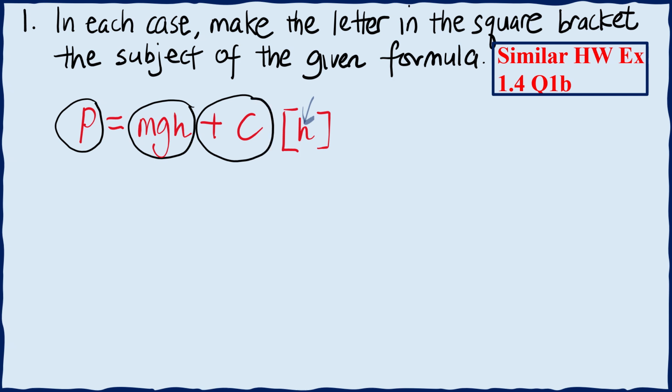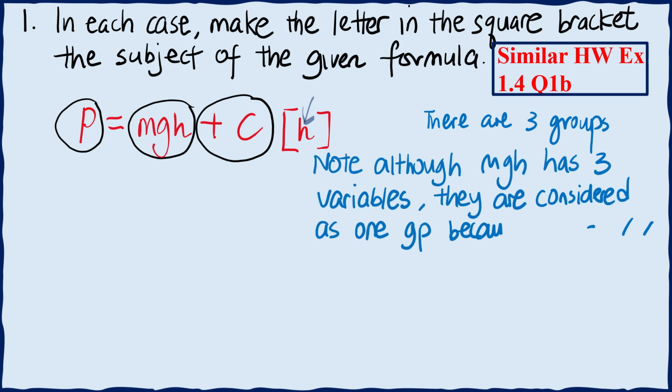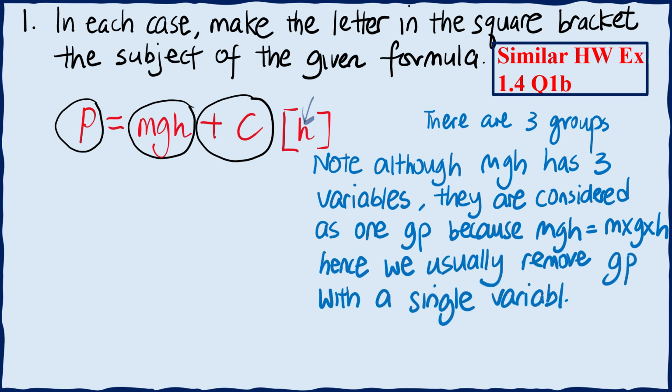If you look at it carefully, although in MGH there are three variables, MGH means M times G times H, so it is still considered one group. In usual practice, we would not remove a group with three variables without removing the group with a single variable.